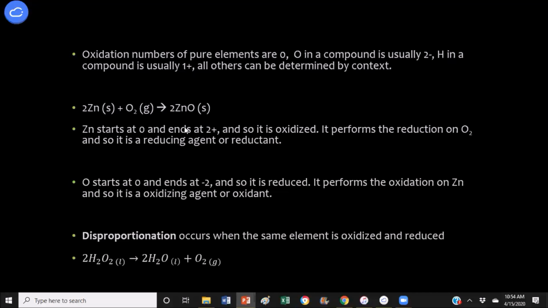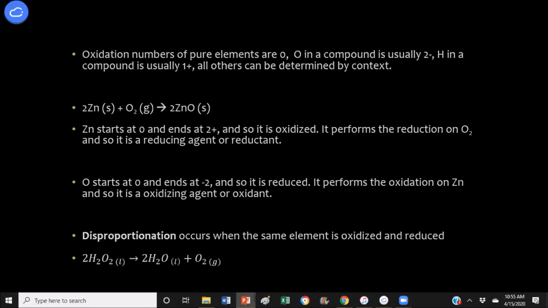This is weird. So now here's where it gets a little tricky. Verbiage can be a little messy here, but because of the nature of this, we have the oxidation pair. If something is oxidized, it is reducing something else.